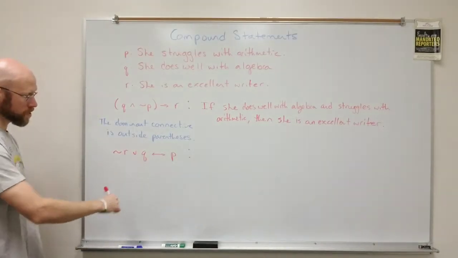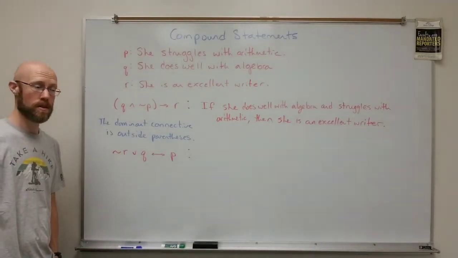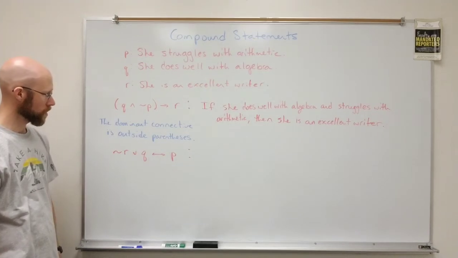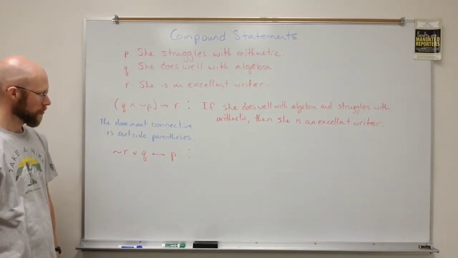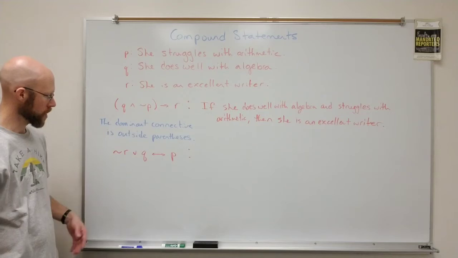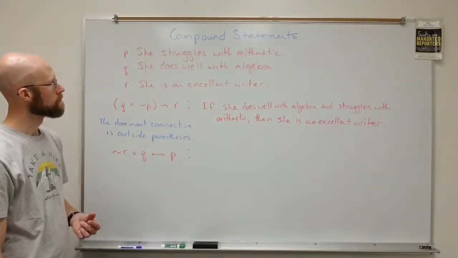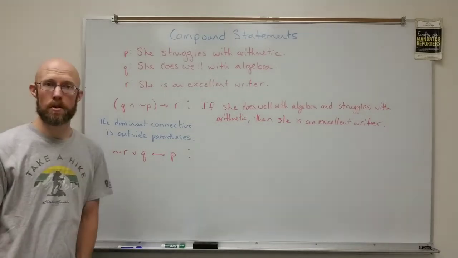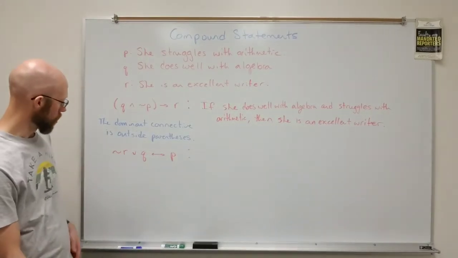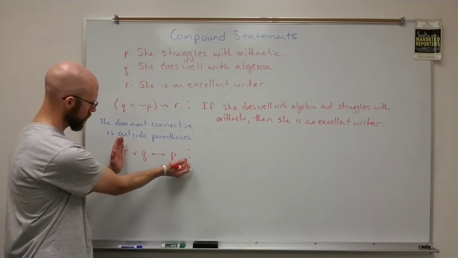Now, this is an interesting one because I don't have any parentheses. So the question is, which of these connectives is the most dominant? Would I want the not to apply to everything?